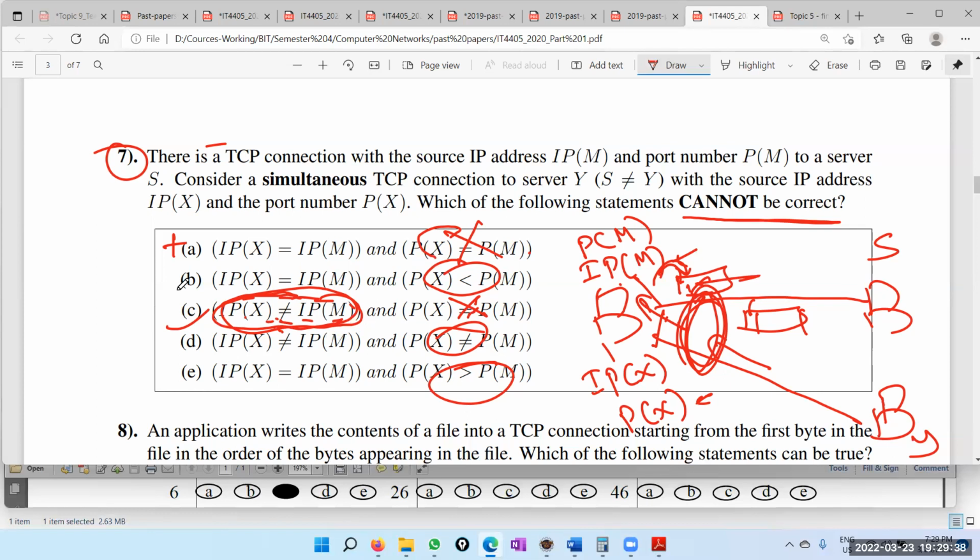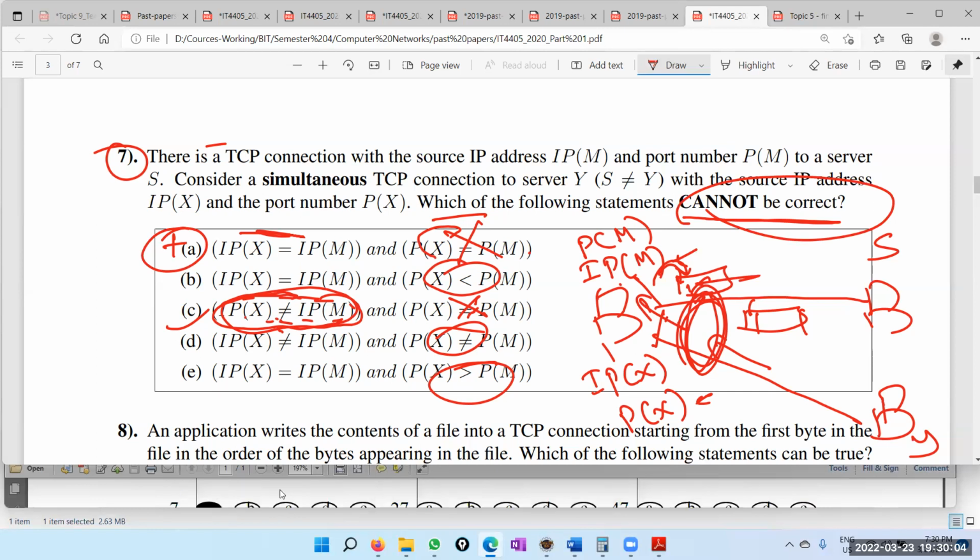These are okay because the port number is different, and this one is also okay: when the port number is the same, at least the IP address is different. But if both IP address and port numbers are the same, there's ambiguity. So the answer must be the one that cannot be correct. Answer must be A.